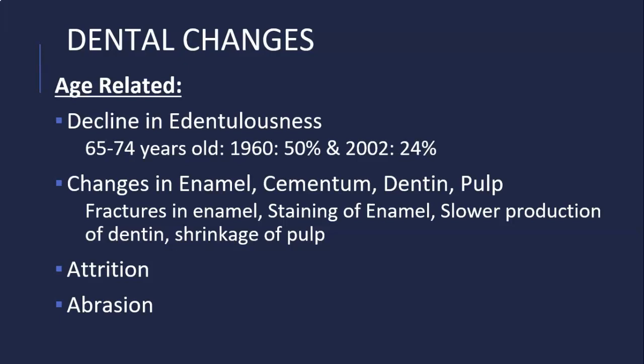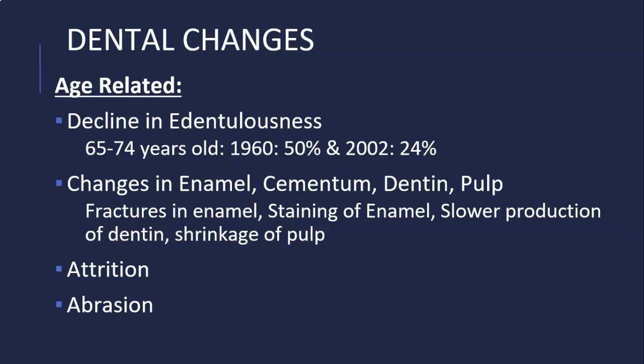So in general, the aging population has declined in the number of edentulous patients, meaning total tooth loss. Between the ages of 65 to 74, about half the population in the 60s had lost all their teeth through some disease process, either caries or perio or something. But then we look 20, 40 years later, it's cut in half.